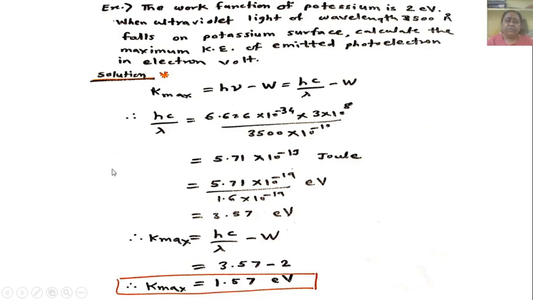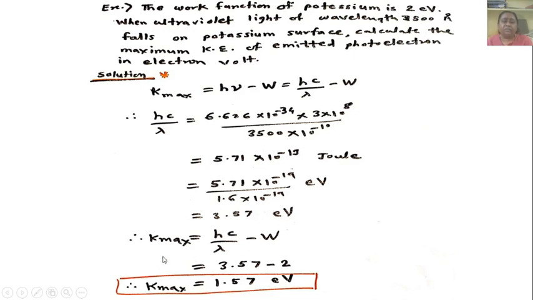Now in electron volt, hc/λ = 5.71 × 10^-19 upon 1.6 × 10^-19 electron volt. After dividing, we get hc/λ = 3.57 electron volt.